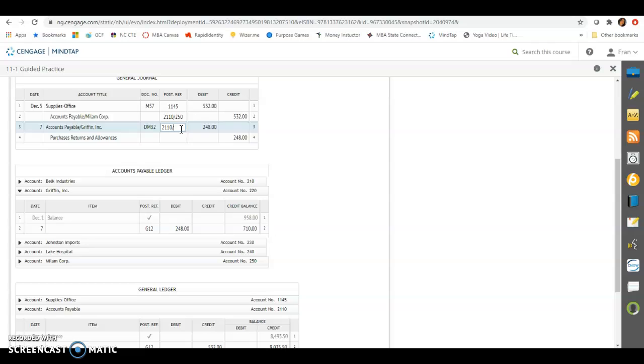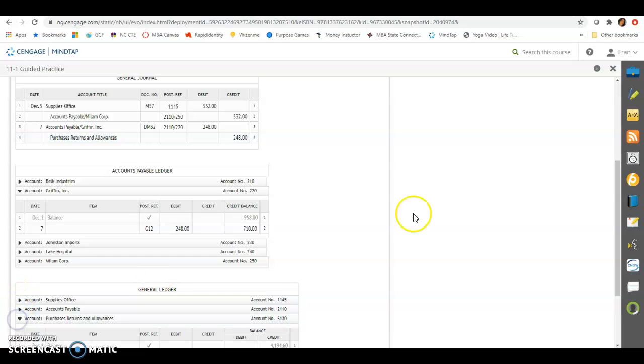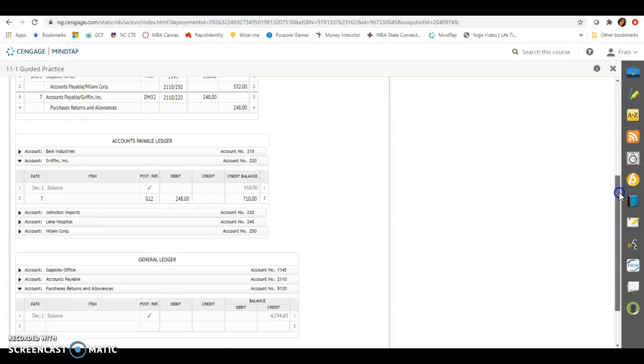And so we also posted it to Subledger 220. All right, so whenever you see that / there, you know you're going to have to make the 2 entries here. And the last account that we have to post is for purchases, returns, and allowances.